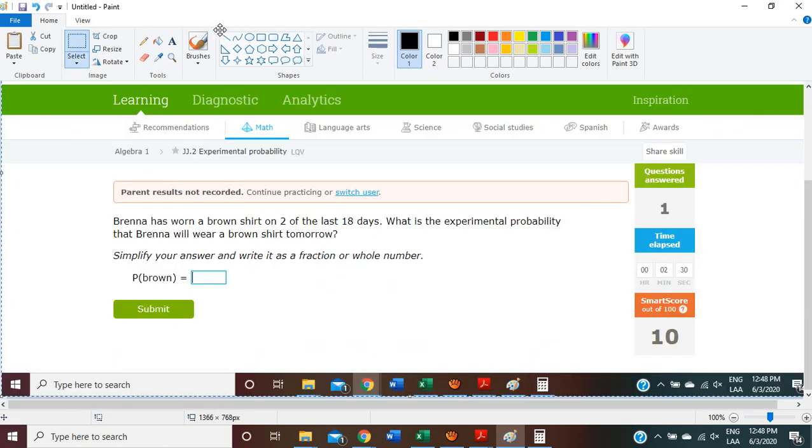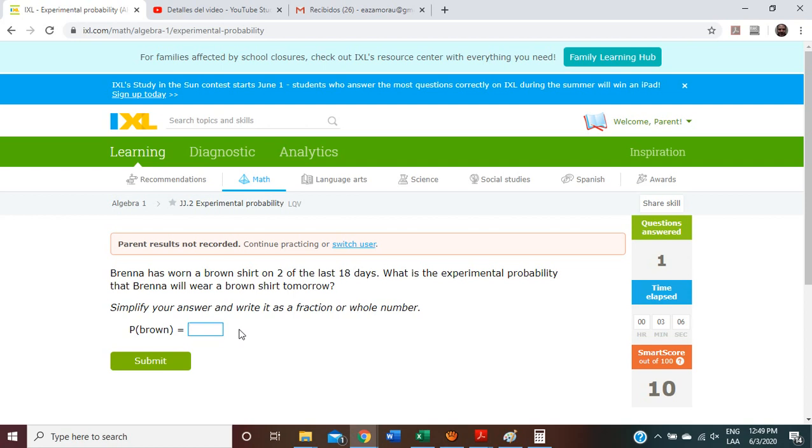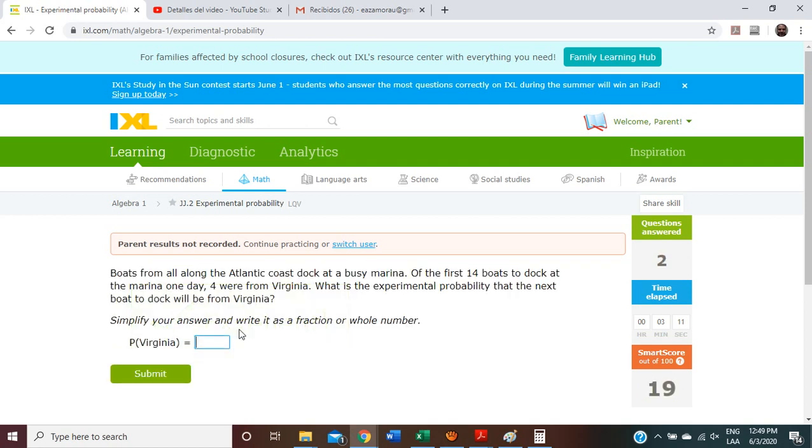The total of days is 18, and the days that she has worn a brown shirt is 2. So we only simplify this and it is going to be 1/9. So this is the probability that Brina will wear a brown shirt tomorrow. We just answer 1/9 and that's it.